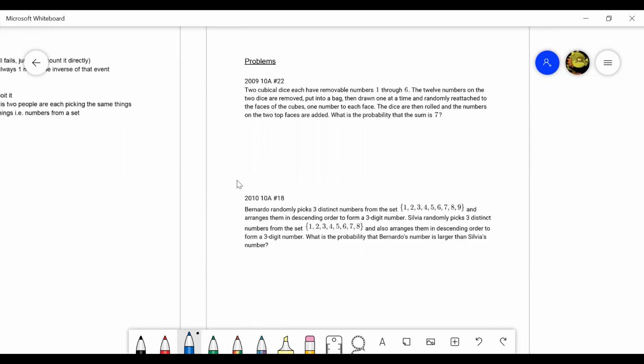So the key insight here is that a lot of this, they're removed, put into a bag, drawn out, and re-rolled, is kind of a smoke screen. The way you think about it is that even though you're doing all this stuff to the dice, you're not really changing any of the probabilities relative to each other.